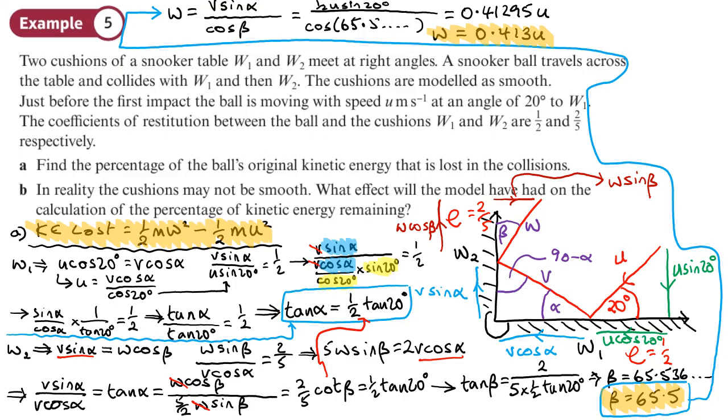Right, so the change in kinetic energy is the kinetic energy we had before minus kinetic energy we had at the end. So we started with half m u squared, and then it dropped down to half m, and then this value of w here, so that's the speed afterwards. So it's going to be this 0.413 u all squared divided by the original amount of kinetic energy, which is half m u squared.